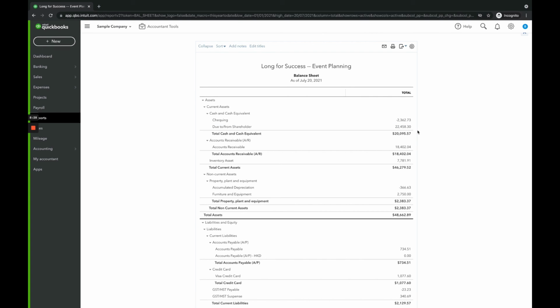So the accountant could tell the bookkeeper, keep 10,000 in there as a loan and then declare the rest as dividends. It will all depend on what your accountant says.